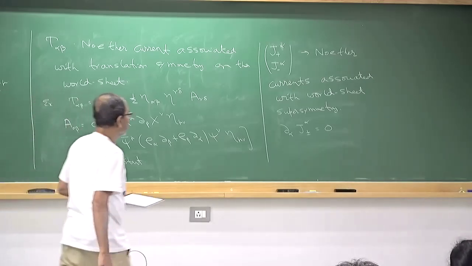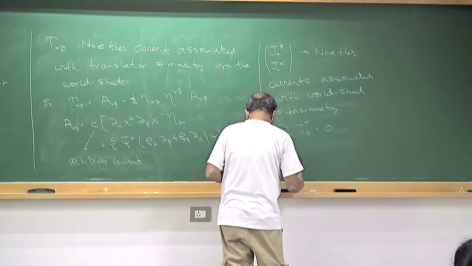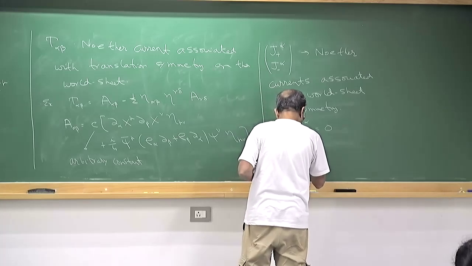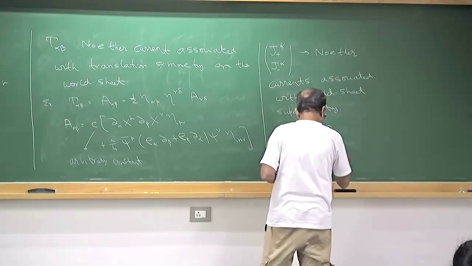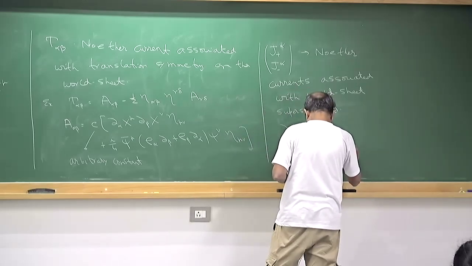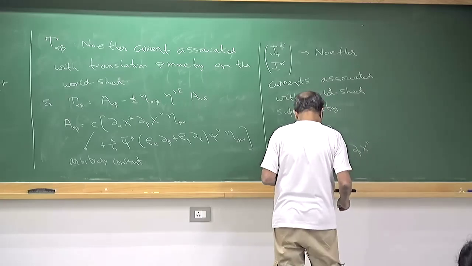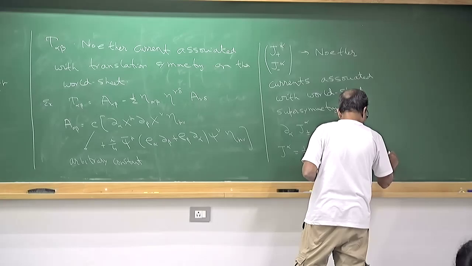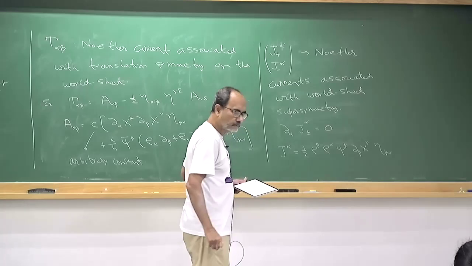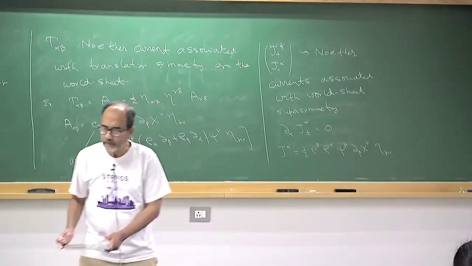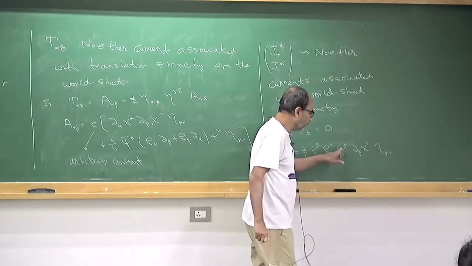So let me write this J alpha. The plus minus index is implicit because psi is a two component spinor.